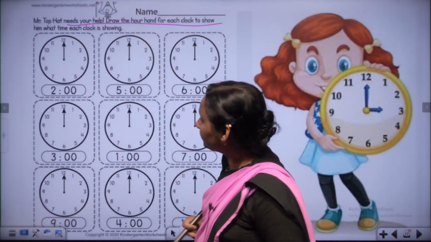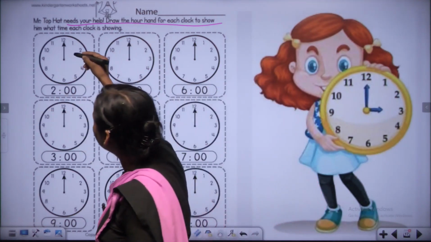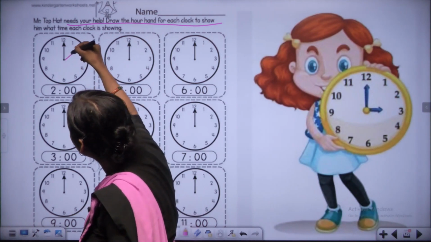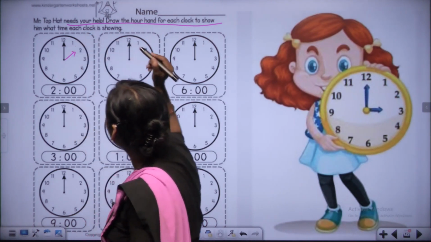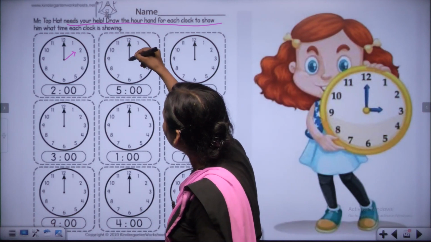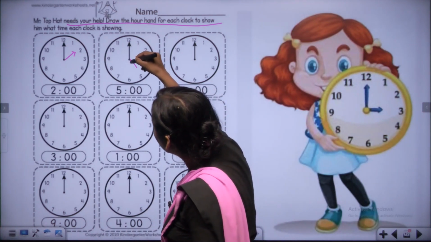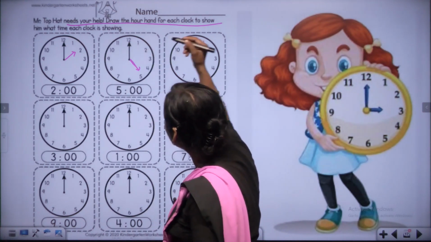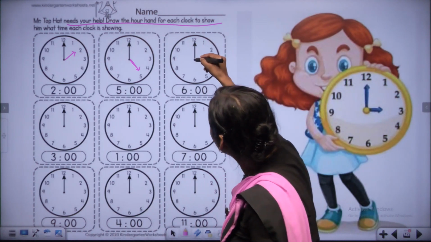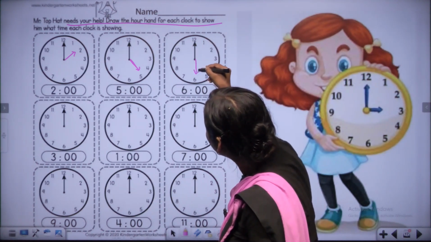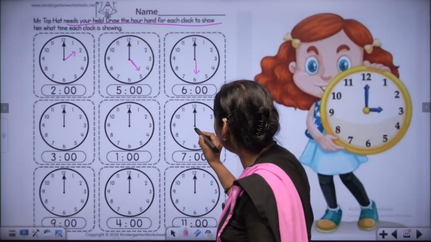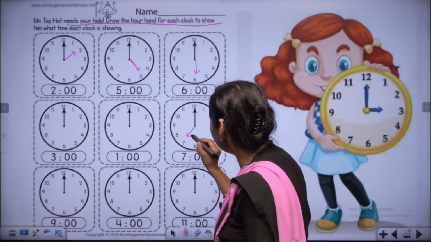Here 2 o'clock means hour hand is smaller. 2 o'clock. Okay. Here 5 o'clock. Yes. Here 6 o'clock. Here 7. Our hand is short.